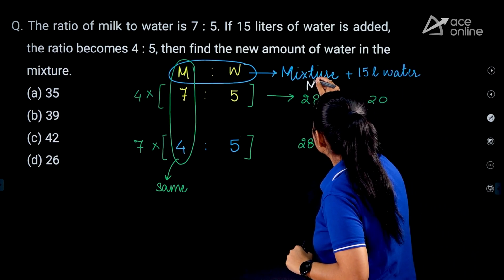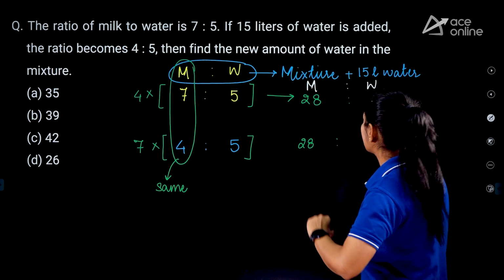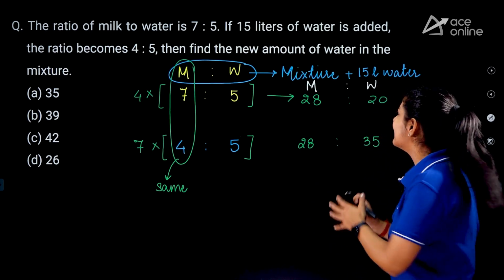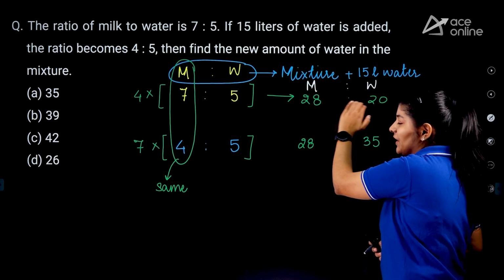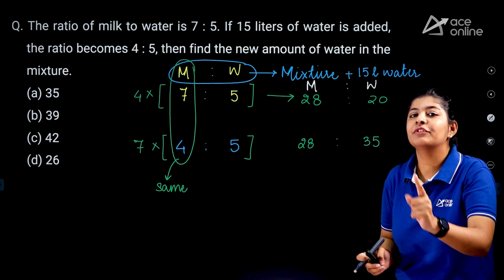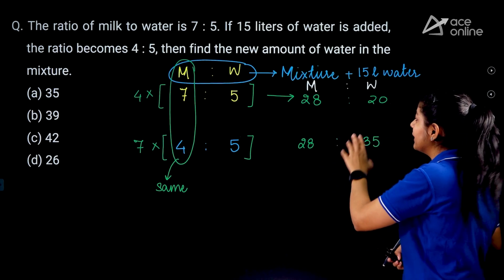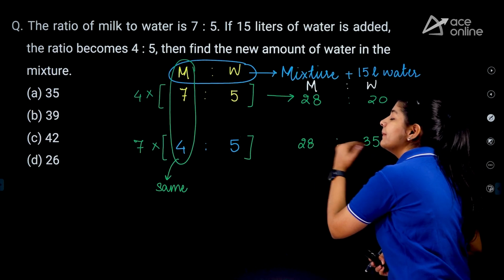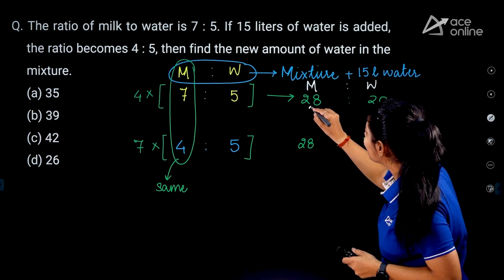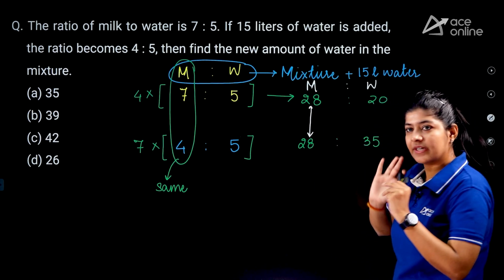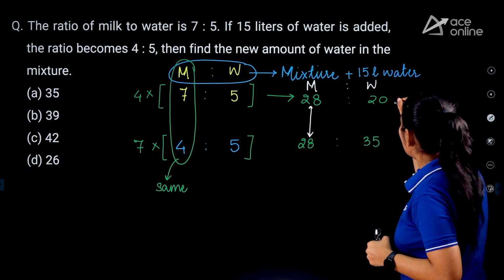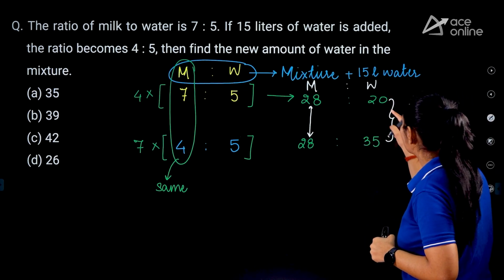So we know that this is the milk and this is the water. Initially we have this mixture and we added 15 liters of water only, so that my new ratio will become this one. The quantity of milk in both mixtures remains the same. Now we can see that in the quantity of water there is a difference of 15.